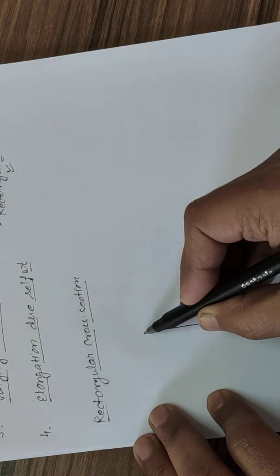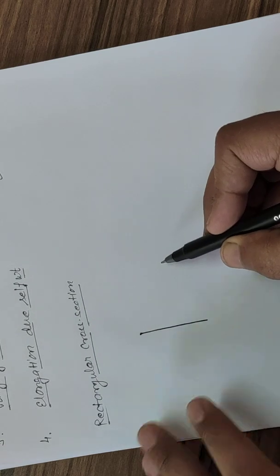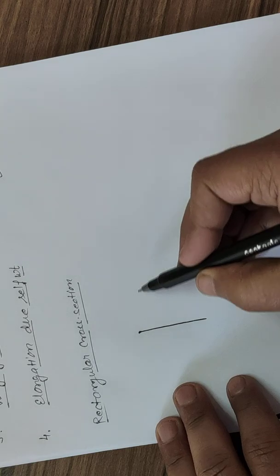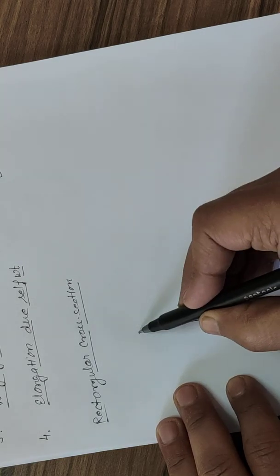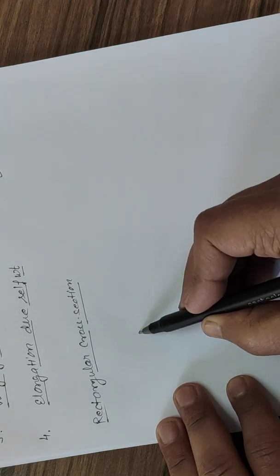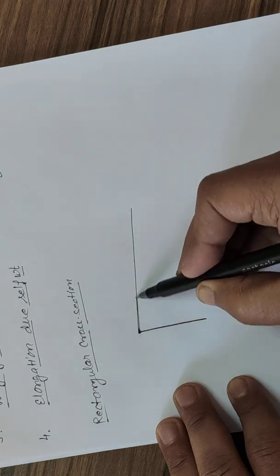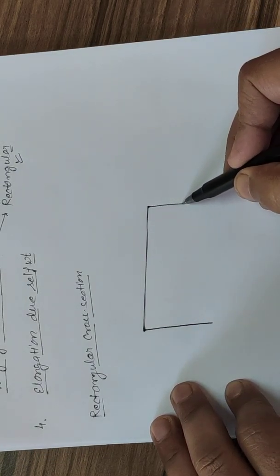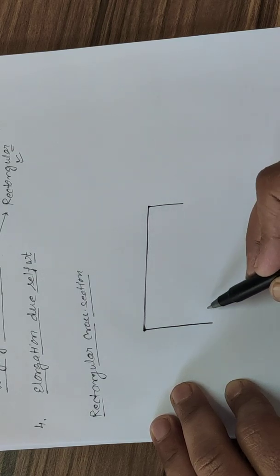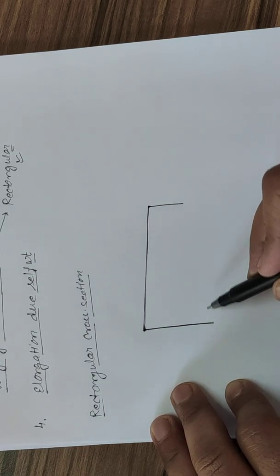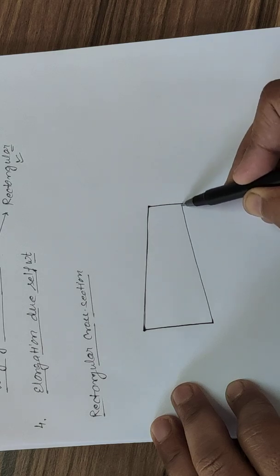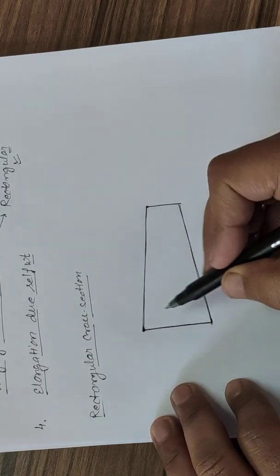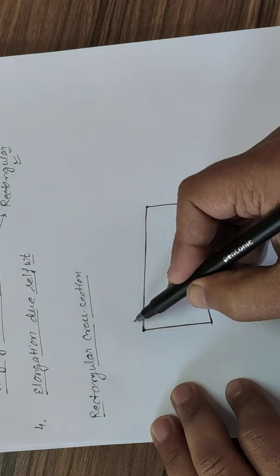Let us say this is the larger end, and this variation is in the rectangular cross section. As we discussed in the previous case, the variation was in a circular cross section, but in this case the cross sectional area is rectangular.